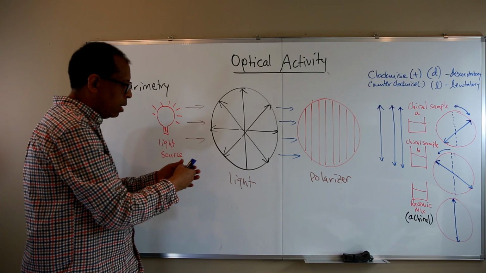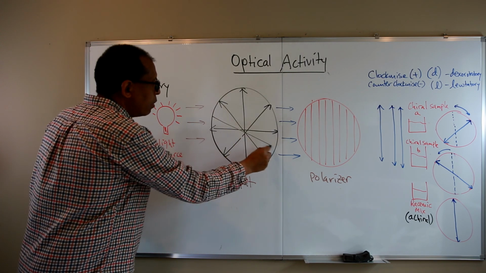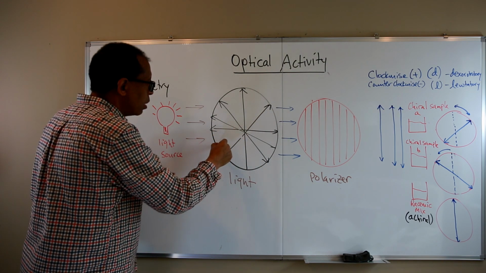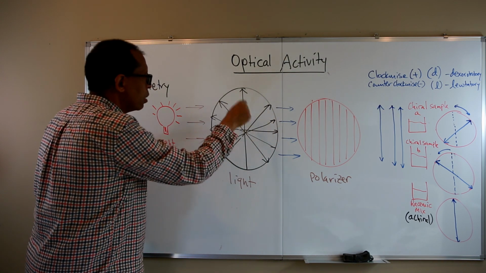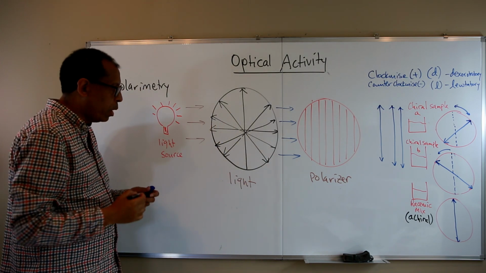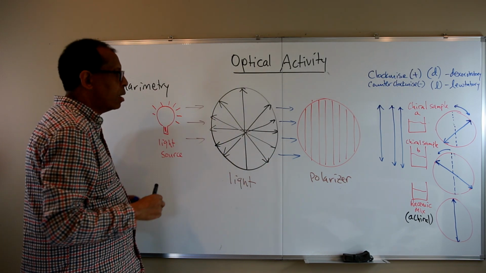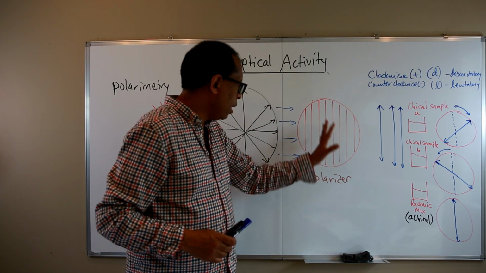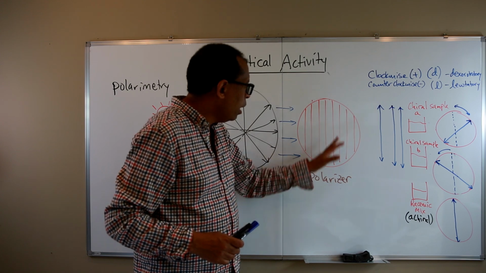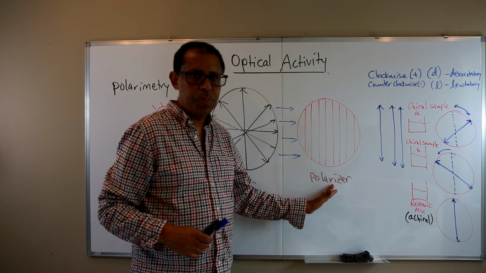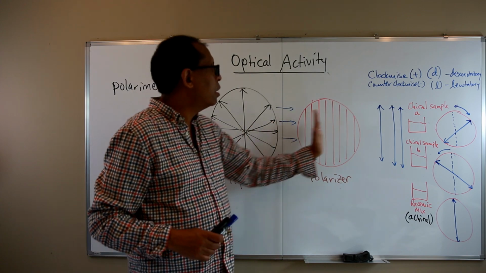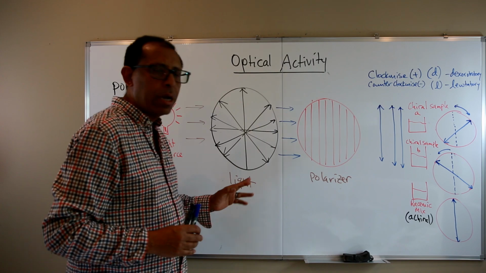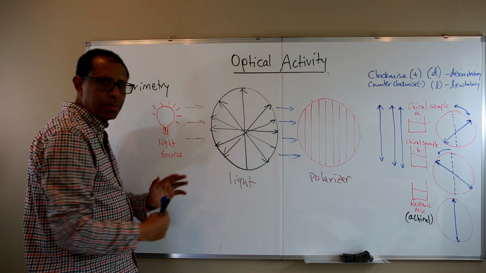It travels through every plane, with different orientations in a random way. But in order for us to use it in a polarimeter, we have an instrument part where the light is polarized, meaning that the light filtering through the polarizer would have a unique single direction rather than random like this.